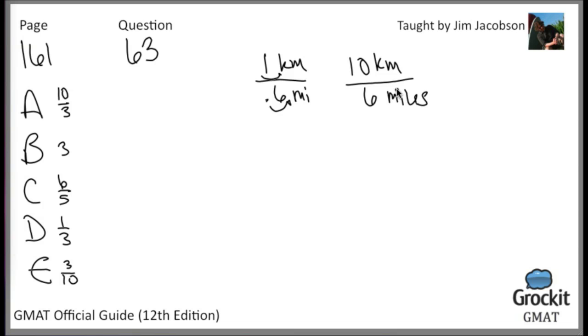We need to know the number of kilometers in 2 miles. So we can multiply the whole thing times 2 at this rate. So 2 miles times the rate of, let's draw a line here so it's not confusing, 10 kilometers divided by 6 miles.